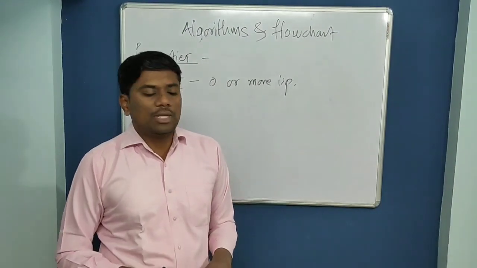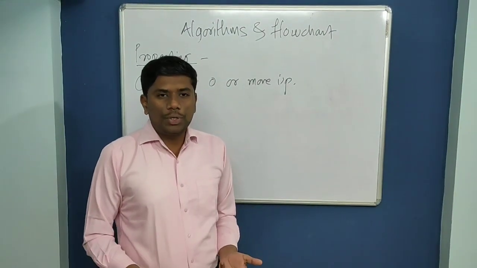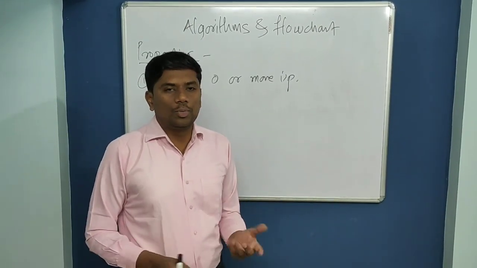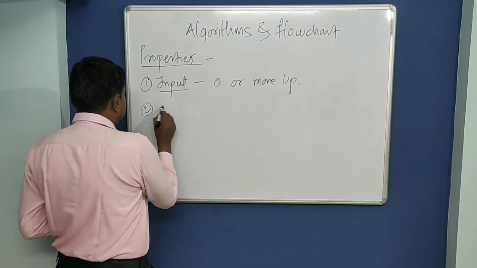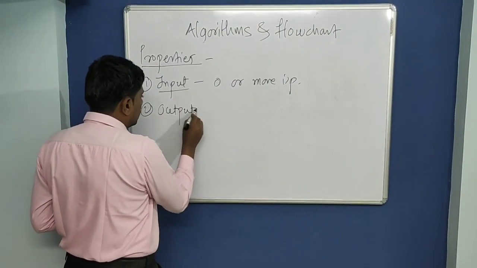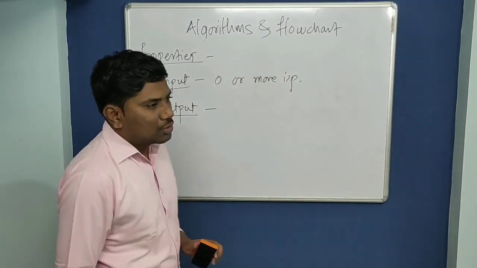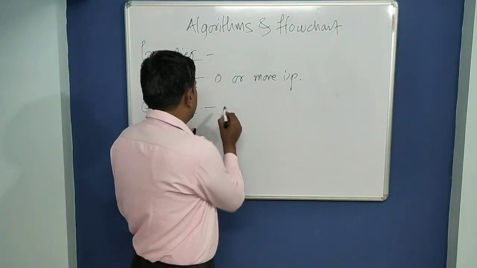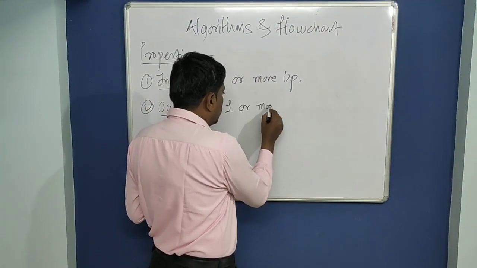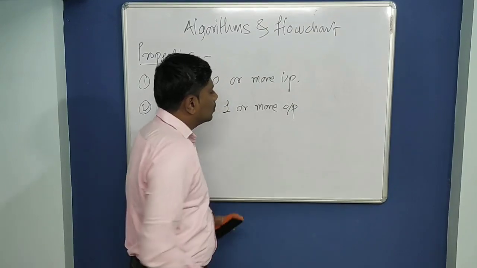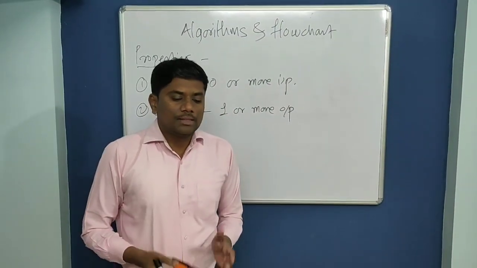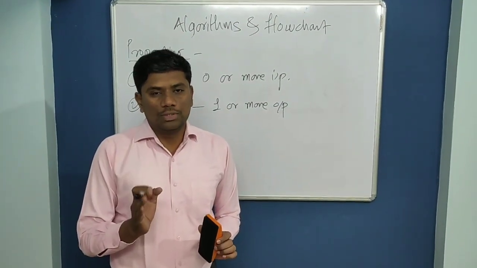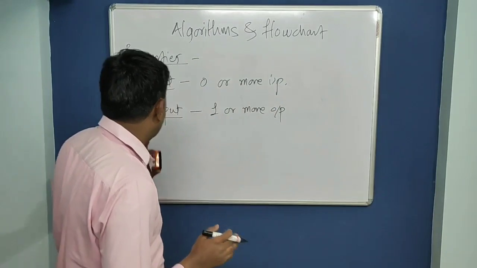That means it is possible that some algorithm may have zero input. The second property is output. Every algorithm should have one or more outputs. It is possible that some algorithm has only one output, but there should be at least one output.